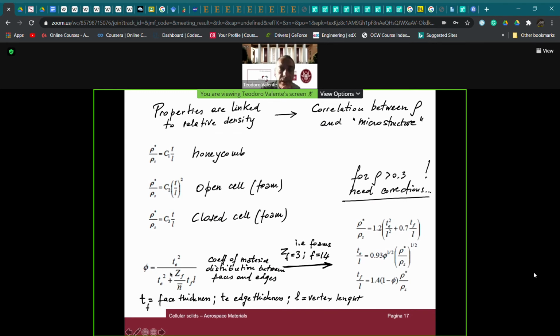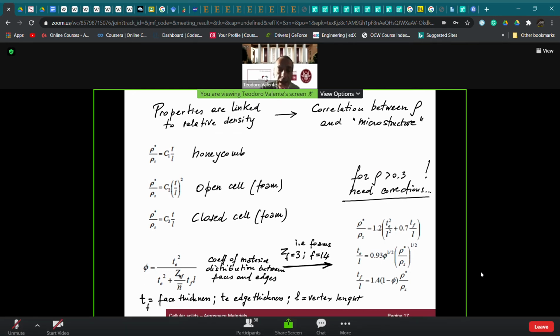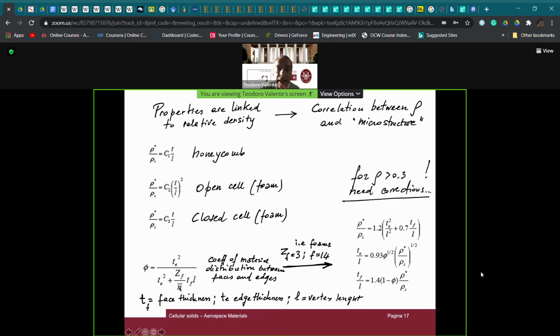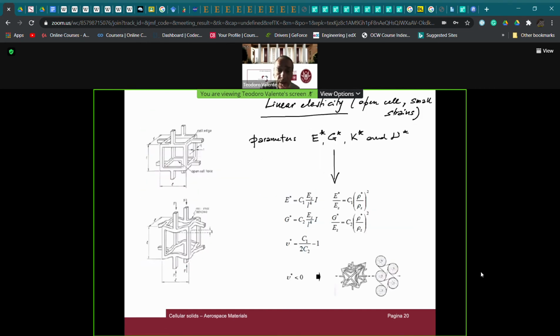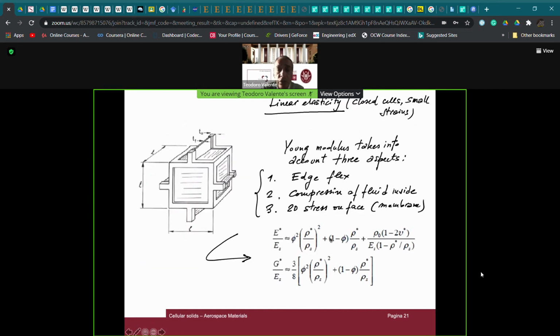This parameter has been defined as a coefficient which can be calculated by knowing the thickness of the edge, the thickness of the face, the unit length reference of the cells, the number of faces in terms of connectivity, ZF, and N average, which was defined by this formula, because obviously we must take into account the resistance offered by the material allocated on the faces of the unit cells.